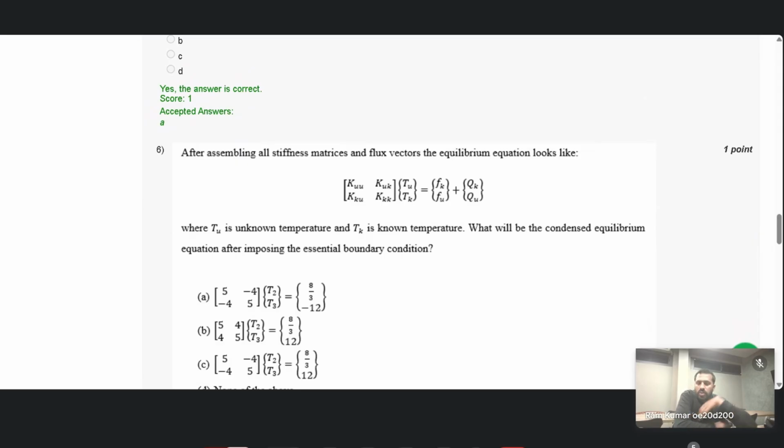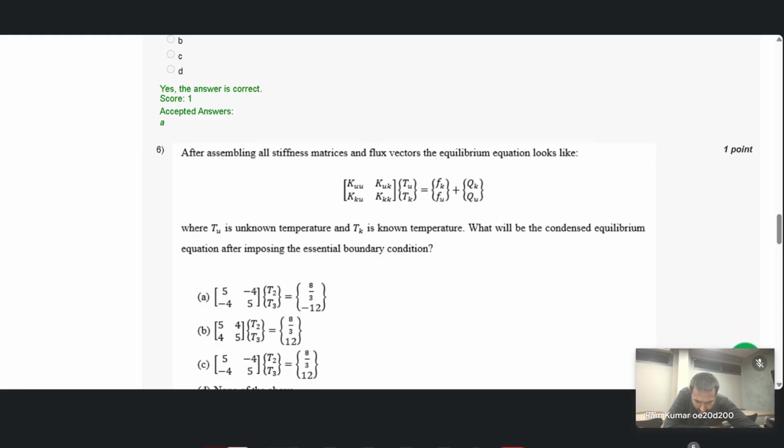You know all these stiffness coefficients and you also got T2, T3, right? Yes, sir. Now let me know what F and Q are. This is the main issue, right? Yes, sir.